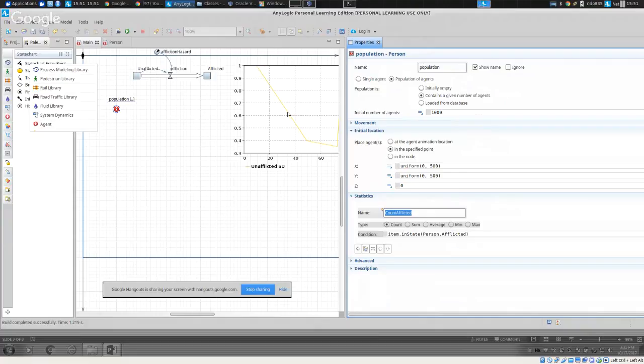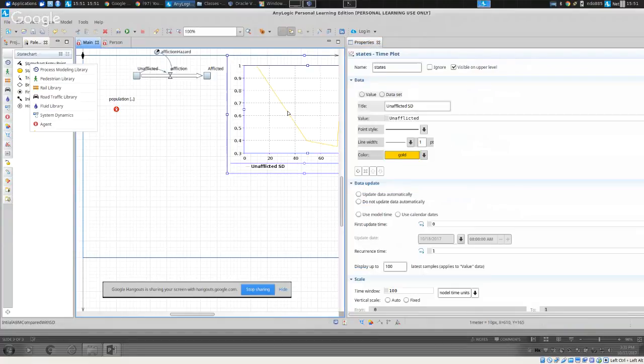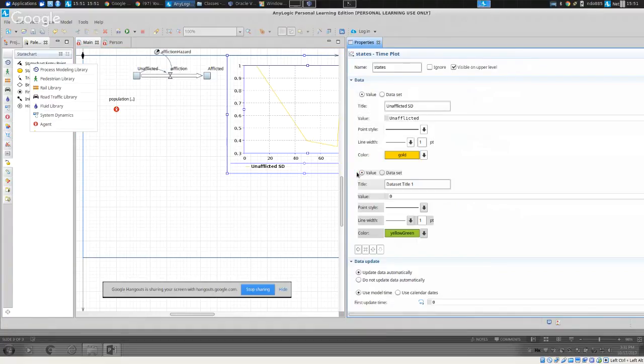Okay, let's go to the graph, and in the crowning jewel of the afternoon, at least by my standards, you can do plus, and you're going to say unafflicted. Oh my gosh.